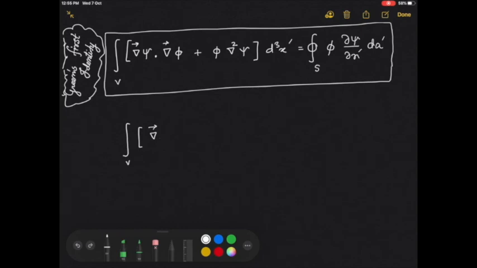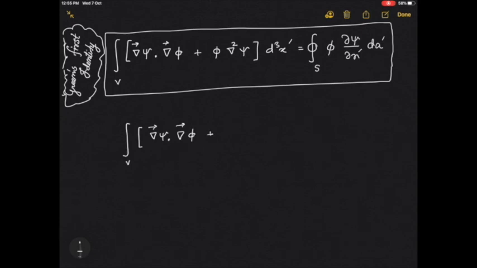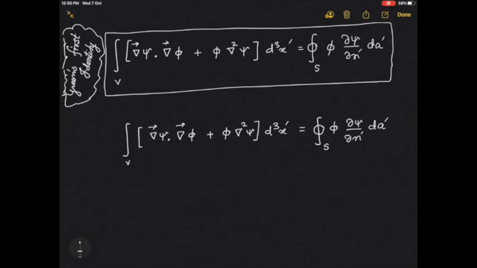The present choice gives me gradient of psi dot gradient of phi plus phi grad square psi, and I write the same Green's first identity, interchanging phi with psi. Easiest thing to do in the world.